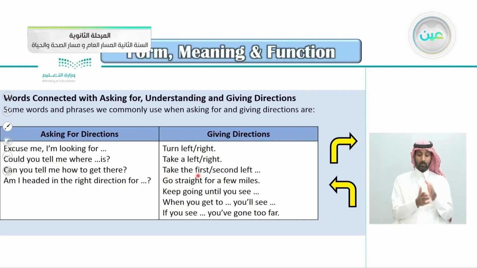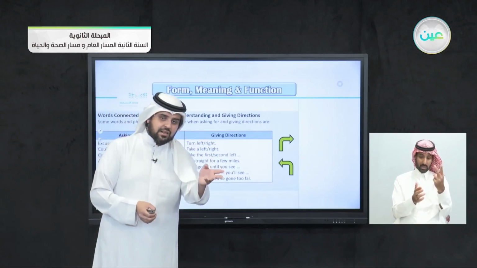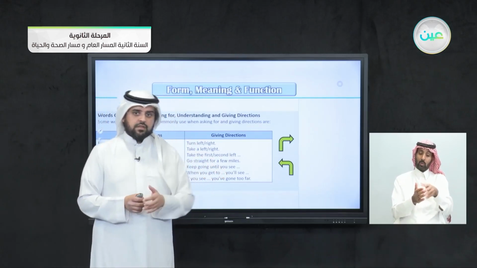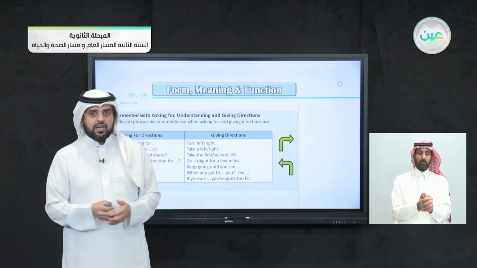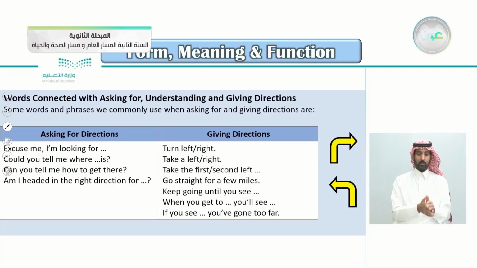Take the first or second left. So you can say go straight, then take the second left or the third left, and so on. The second right, so not the first one, the second one.